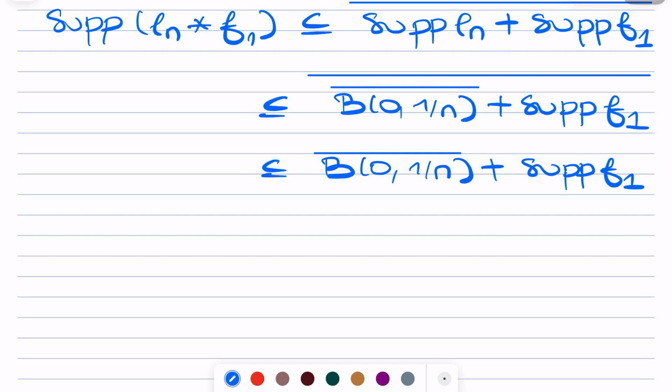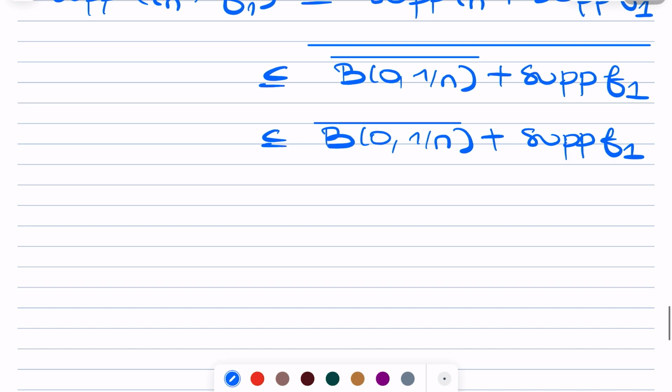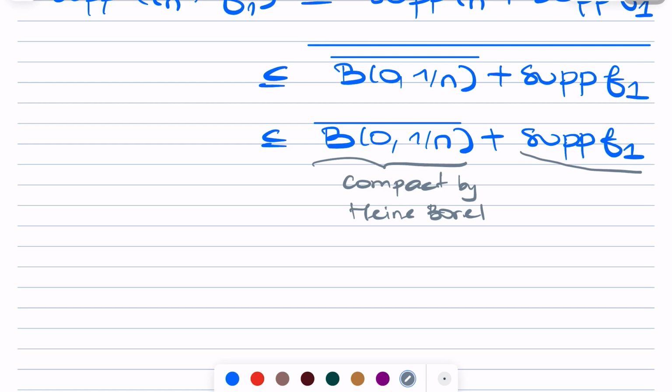Now observe that this is compact, by Heine-Borel, closed and bounded. And remember f1 is continuous, so we saw that the essential support coincides with the usual definition of the support that we know. So the support of f1 here is also compact, because f1 has compact support. f1 belongs to the space of continuous functions with compact support, so this is compact. You can see it as a closed subset of a compact set.